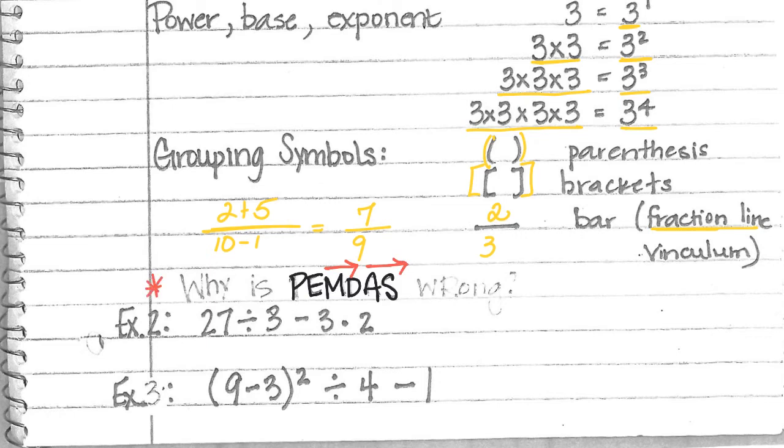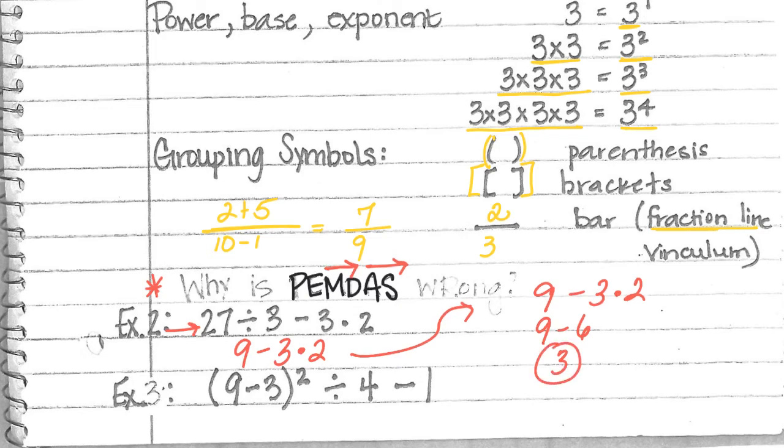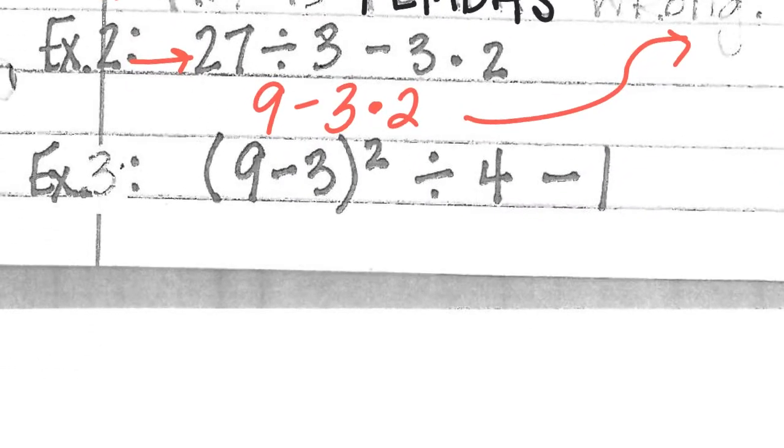So if I was to start here, I'm going from left to right. So I would start with 27 divided by 3, which is 9. 9 minus 3 times 2, I'm going to write it up here. 9 minus 3 times 2. I would then go to the multiplication, 9 minus 6, and the answer here is 3. So a lot of times people get PEMDAS wrong because they don't go from left to right.